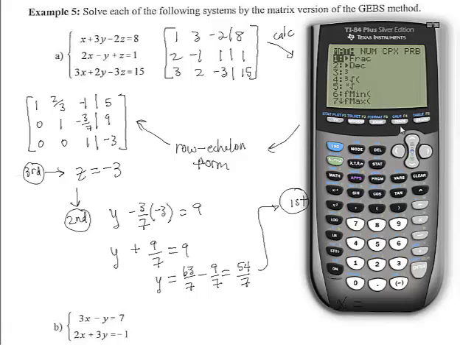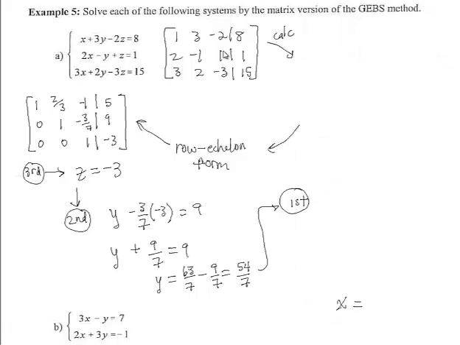And it gives us a decimal, so let's see if we can switch this over to a fraction. Negative 22 over 7. That completes our solution. We've got some nasty fractions in there, but our end solution is x equals negative 22 over 7. Let's see, y is 54 over 7, and then z is a negative 3.